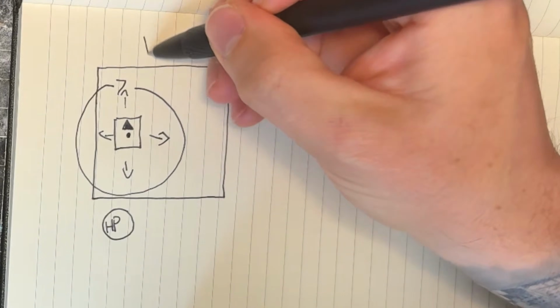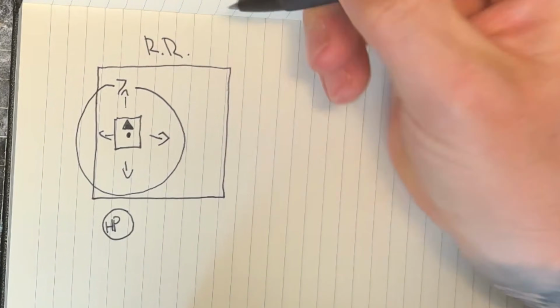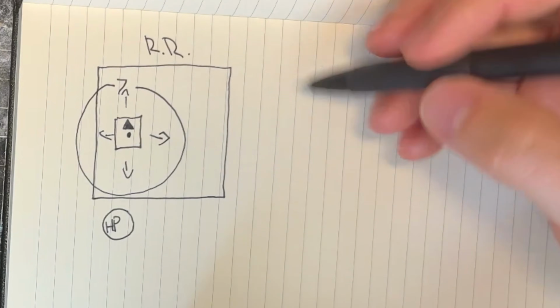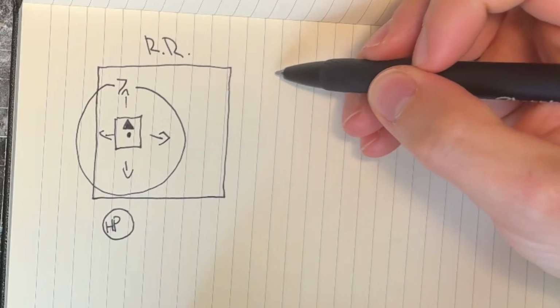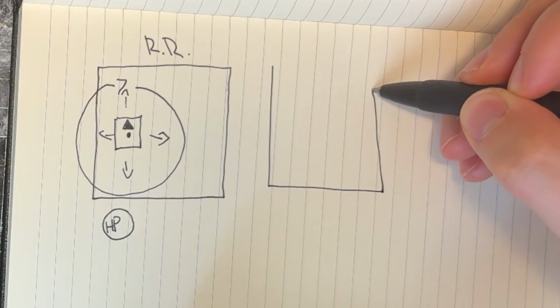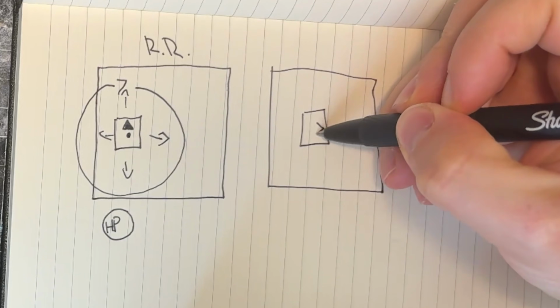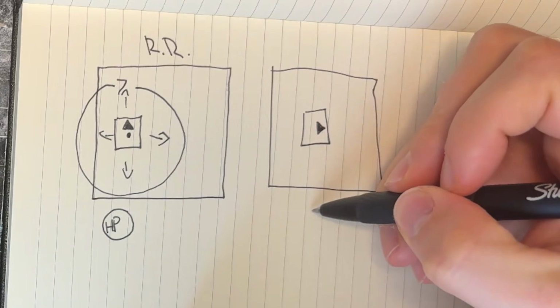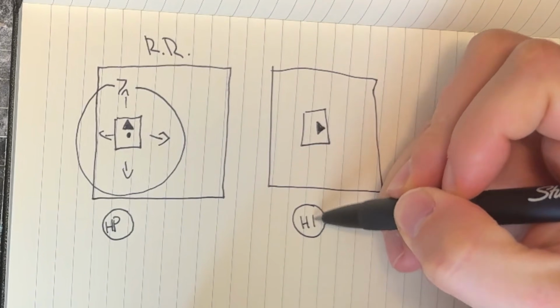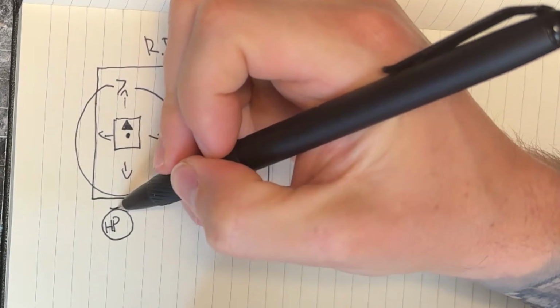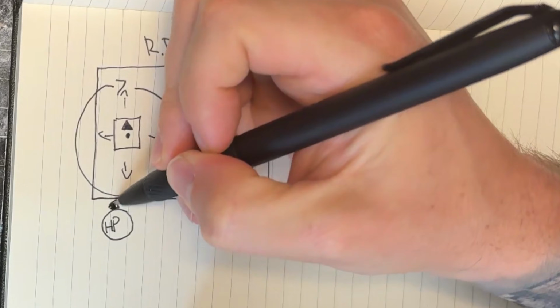Now, in a robot-relative or robot orientation, let's say for imagination, we've got this field over here, and we have a robot facing in this orientation, and the human player is facing the same way.